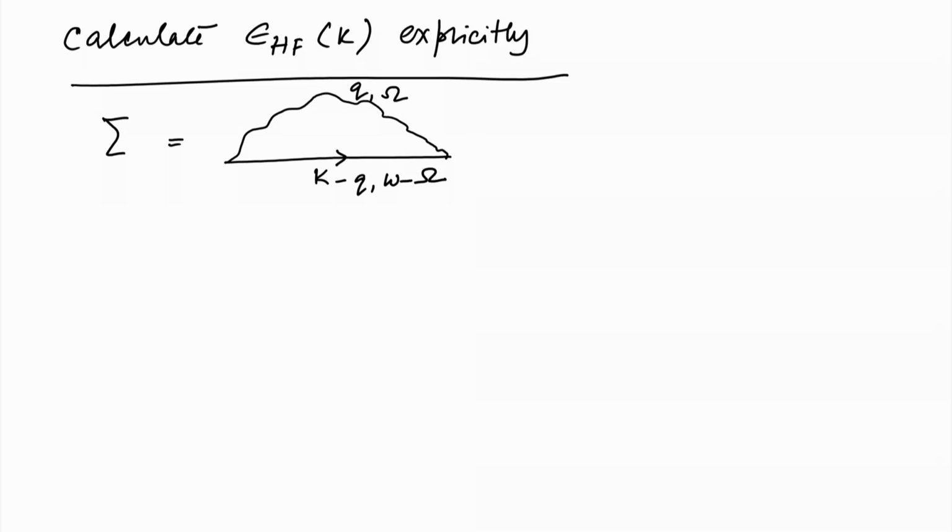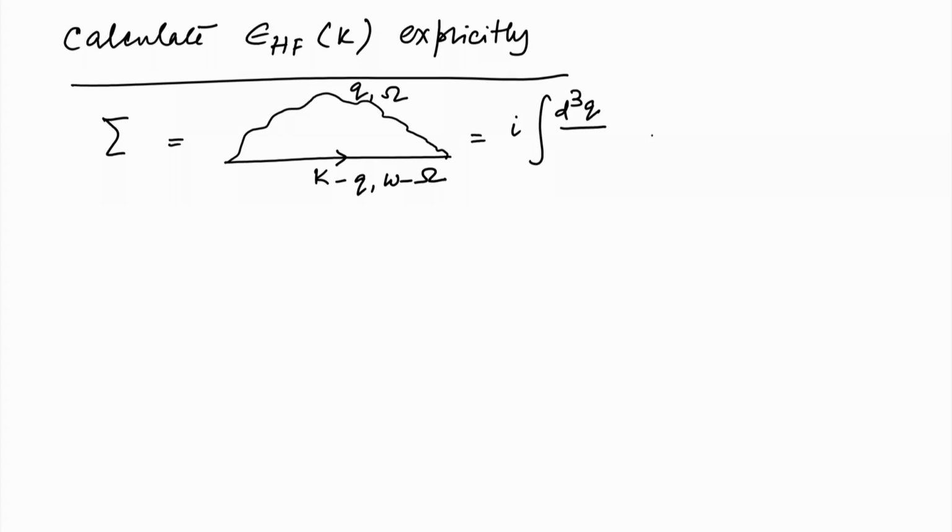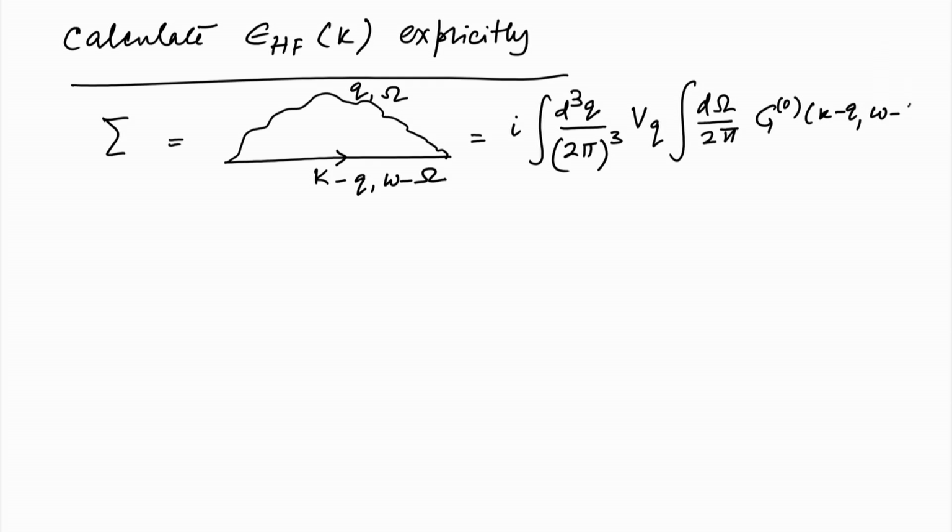As we have said earlier, when we use an integral for q, then for a 3-dimensional integral we write it as dq, with the normalization factor over the first Brillouin zone being 2 pi whole cube, and there is a v q, and then a d omega over 2 pi, and then a G0 of k minus q, omega minus omega.